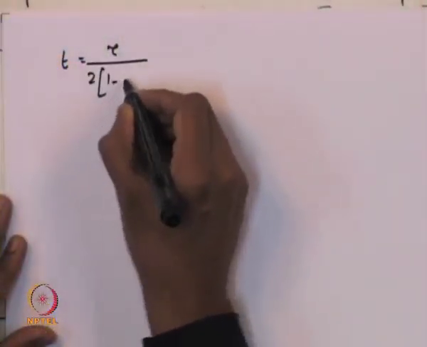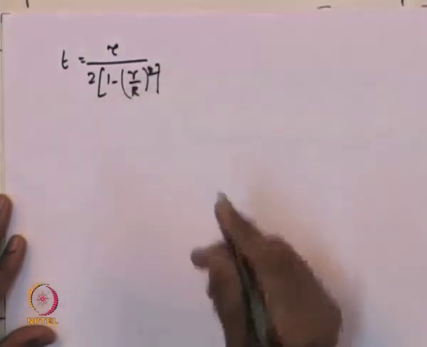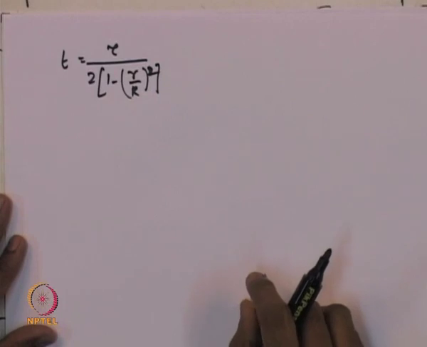So, now we know that the time the fluid element takes to traverse from 0 to L, along the length of the reactor, is given by t equal to tau divided by 2 into 1 minus r by capital R the whole square, where capital R is the radius of the tube.